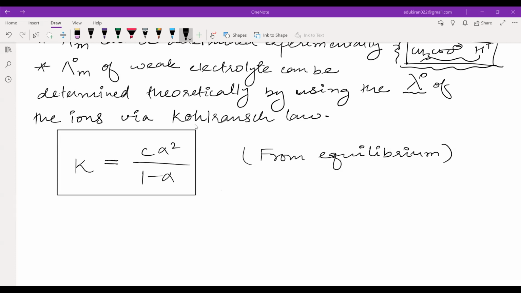Acha. Do you know what is this K? K is your equilibrium constant. Okay. What is alpha? Alpha is degree of dissociation.